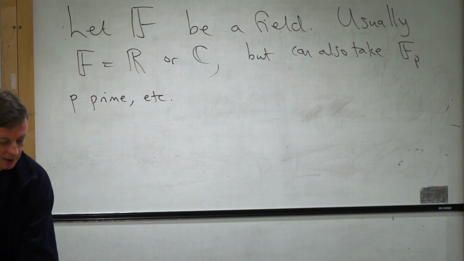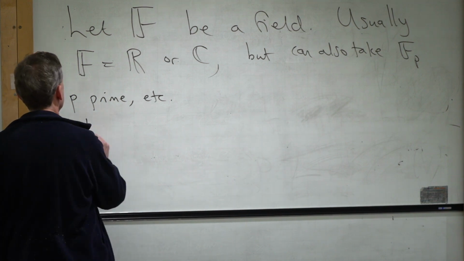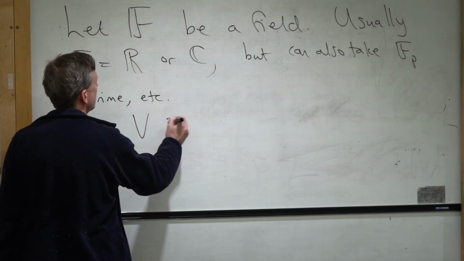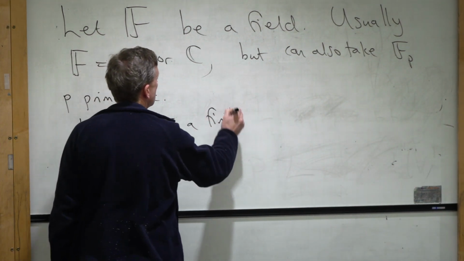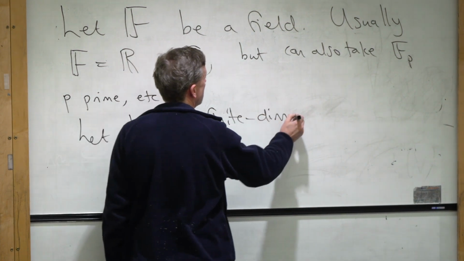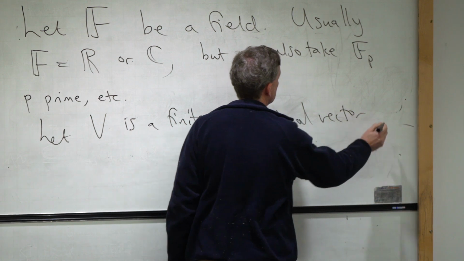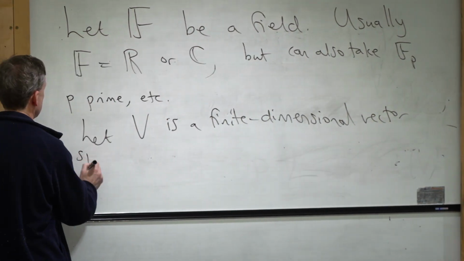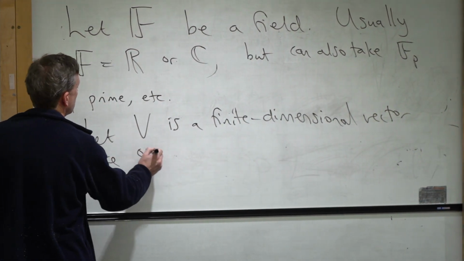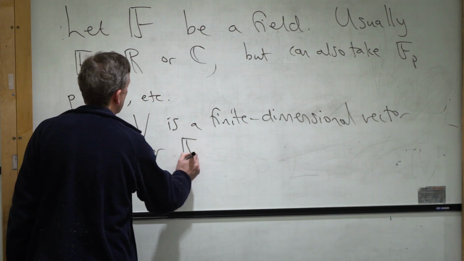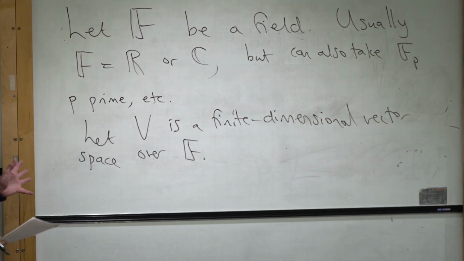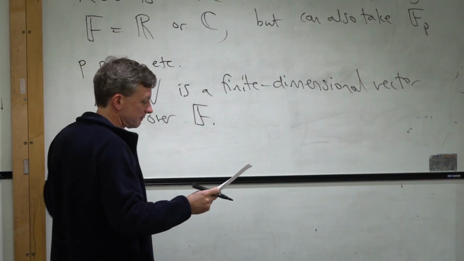Okay, so let's suppose V is a finite dimensional vector space over our field F. Normally the dimension will be n plus 1.